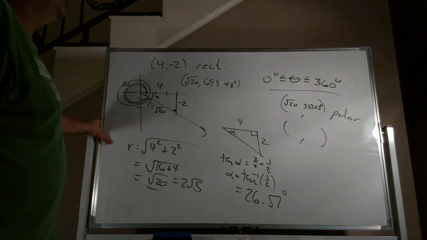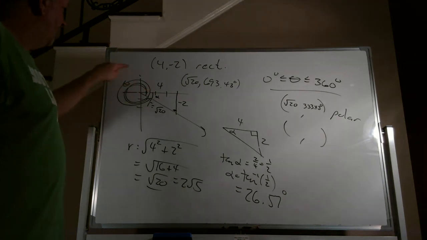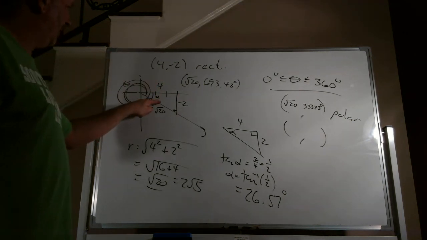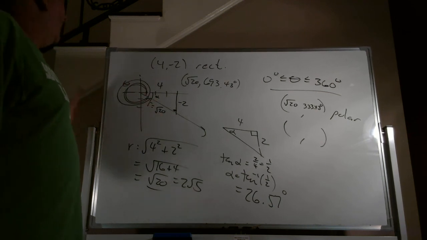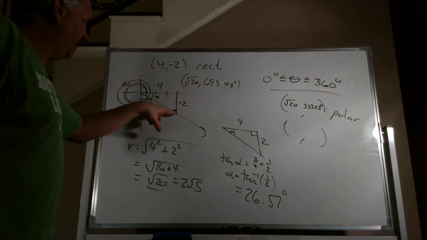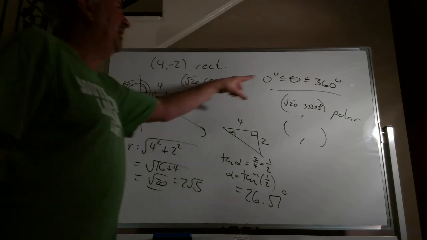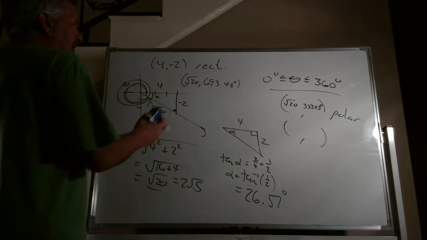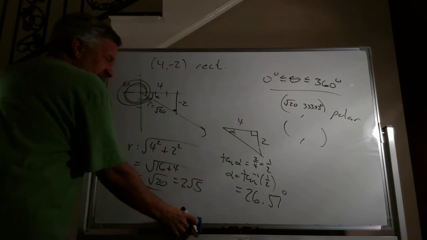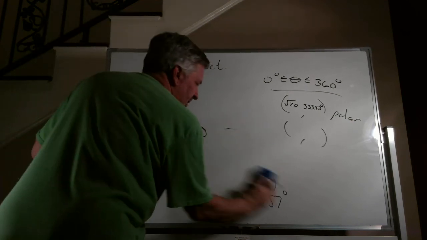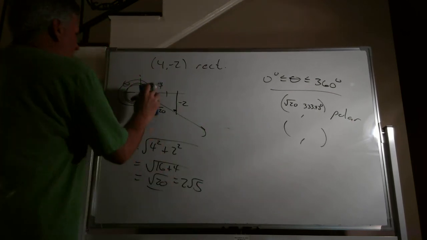Right? So that would be twice around and then stop here and then go out root 20. This does give the coordinates of that point, but what's the problem? That's bigger than 360, so we can't do that. So we're coming up with lots of answers that don't work. Okay, but what could we do instead?